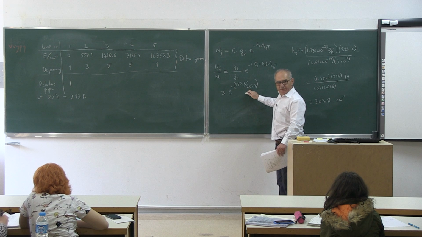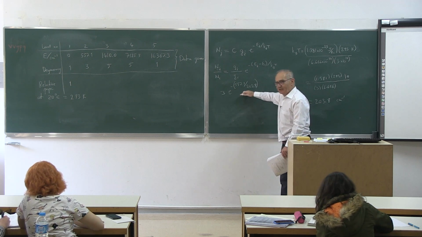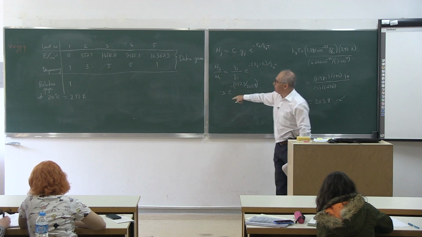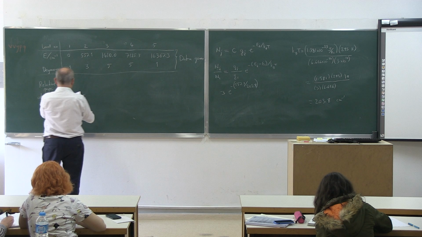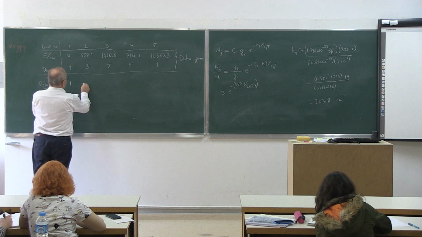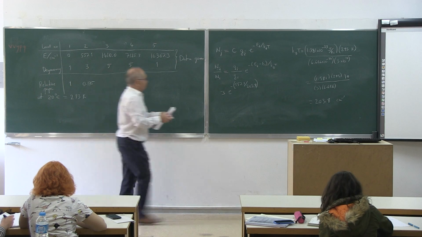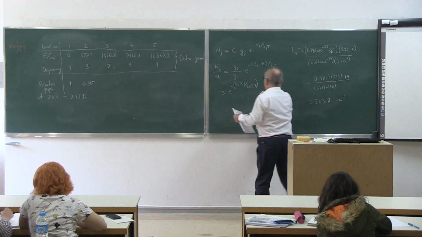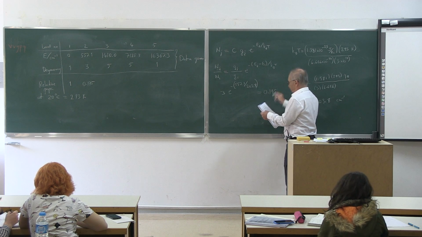Do this calculation, and the result is going to give you the relative population of this second level. According to the table, the result of this calculation should give 0.195.